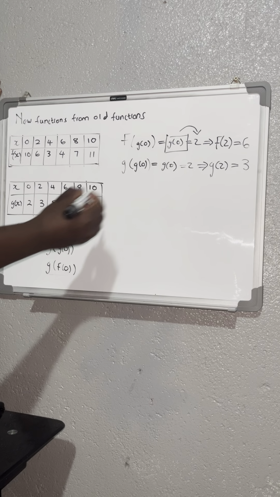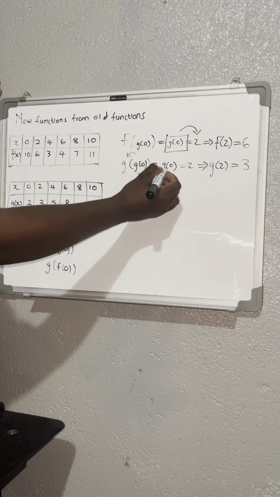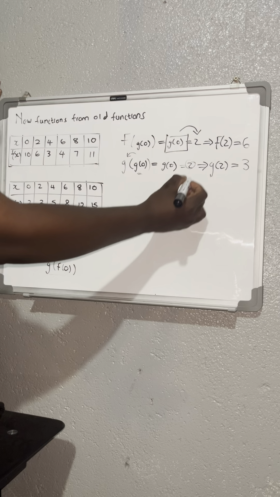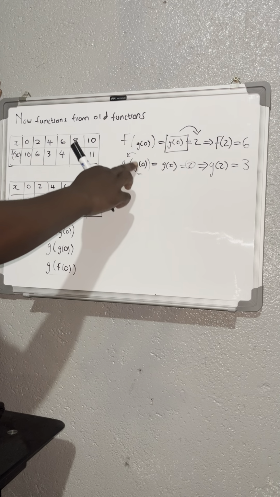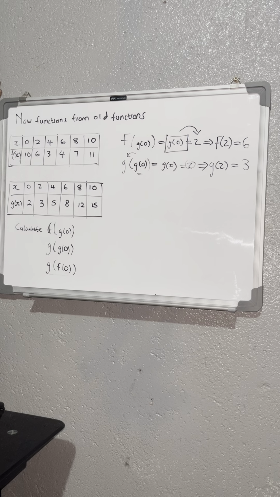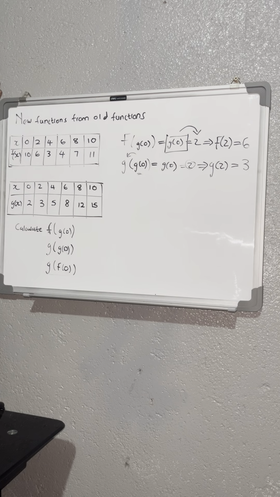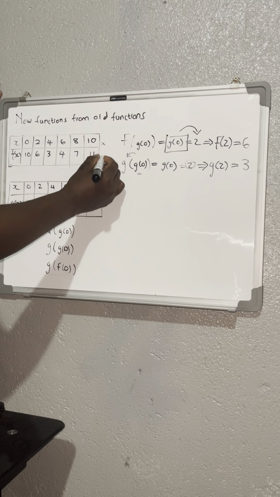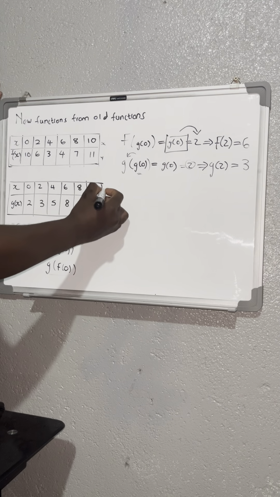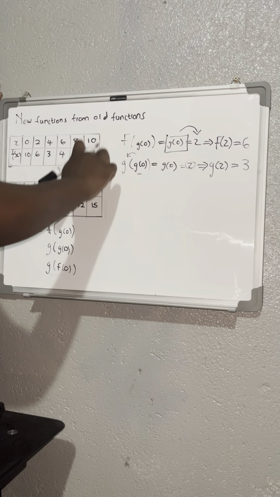Remember, we start on the internal, then we go on the external. So we found g of 0, it gave us a 2, then we take the 2 to the side. This one gets replaced by the 2, then it will give you your y value of 3, because remember, here you have your x values, here you have your y values. As simple as that.